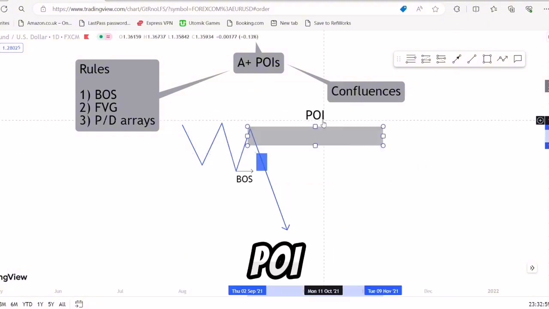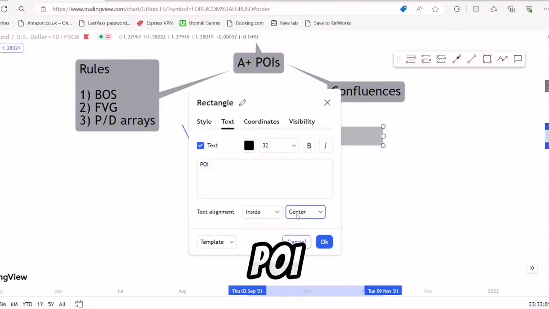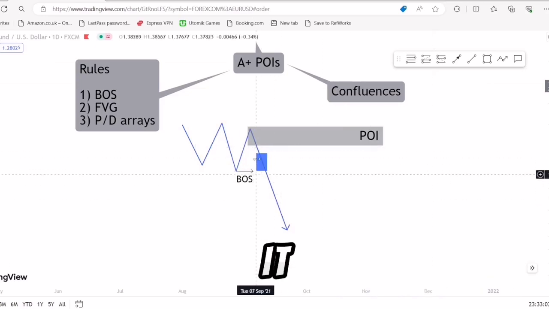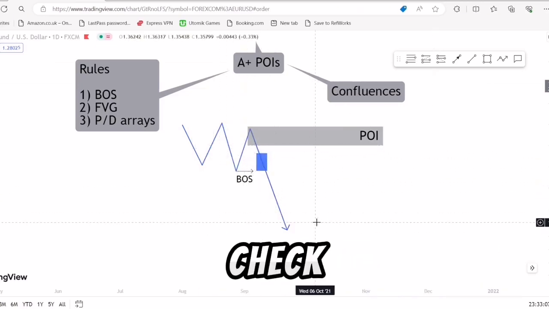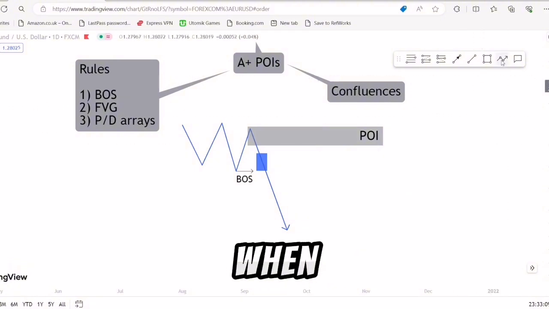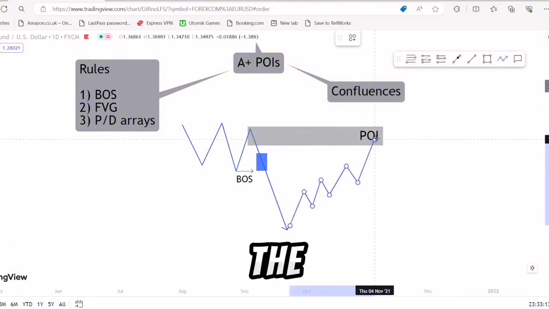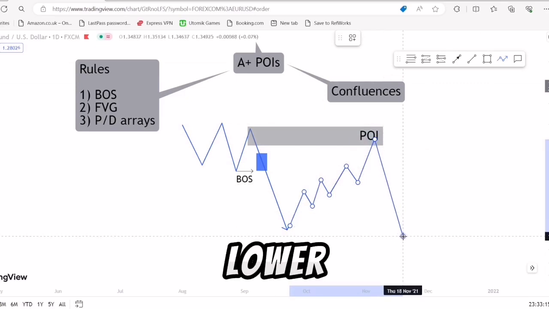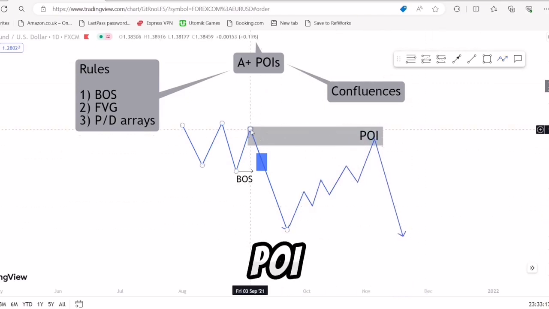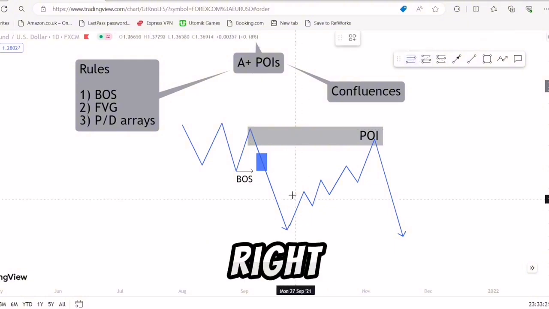A POI has to have three rules like we've discussed. It must break structure, check. It must leave a fair value gap, check. Now, what's the last thing? When we see price retrace into the POI before reacting and heading lower, the POI must be in the premium when we're looking for sells.